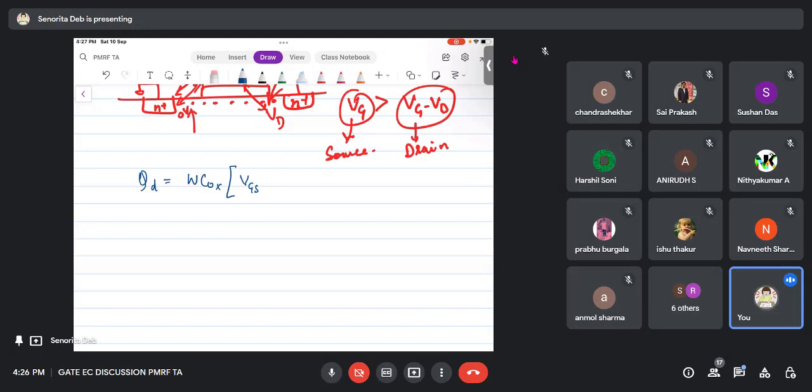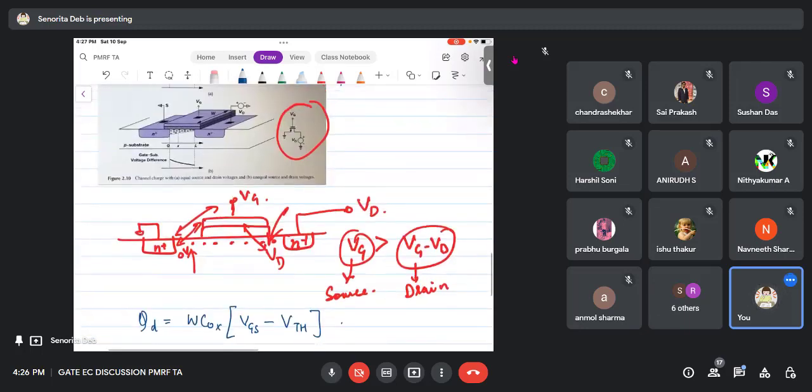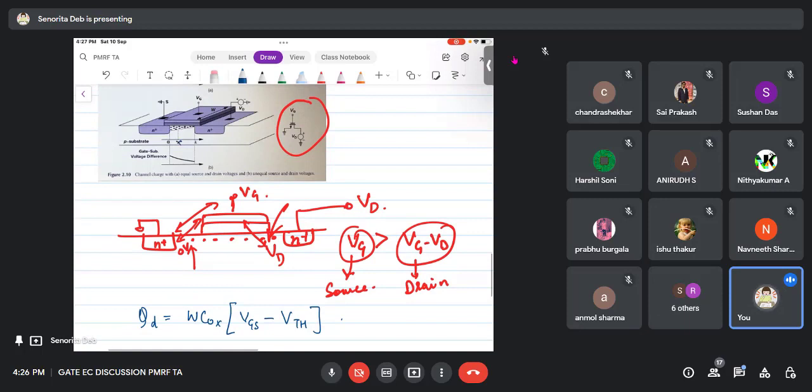But now I am seeing that as I move in this direction, which is my direction x, along this arrow, and we have said that this is the channel length 0 to L, my voltage, which is actually responsible for the inversion charge, will not be Vgs minus Vth always. Agreed or not?